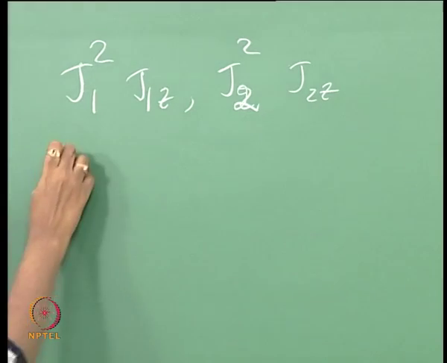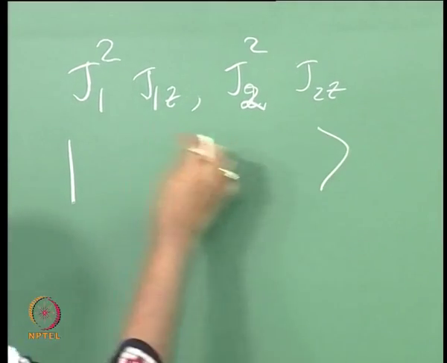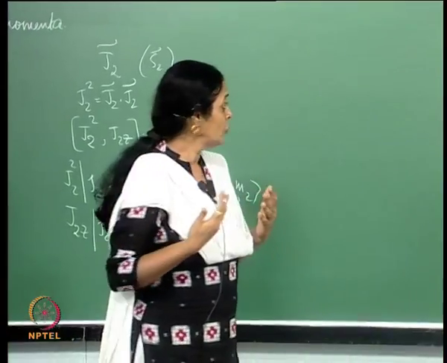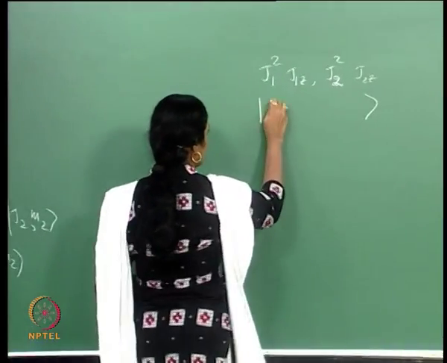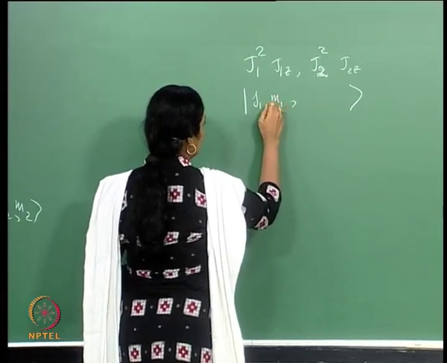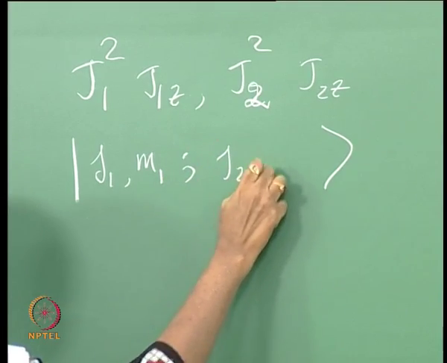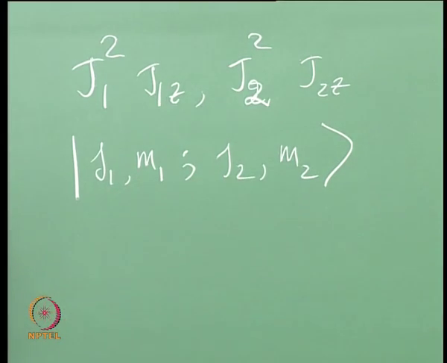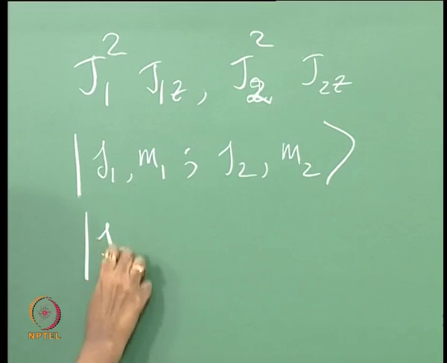And therefore, if I have to describe the two systems as a whole, I would use the following labels: J1 M1, J2 M2. By this shorthand notation, I mean the following.